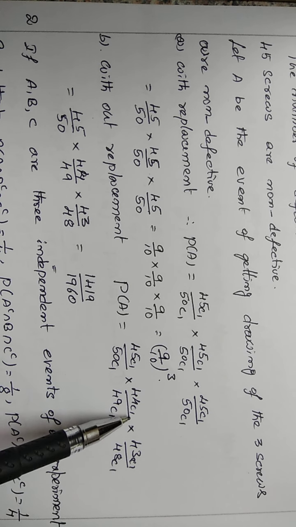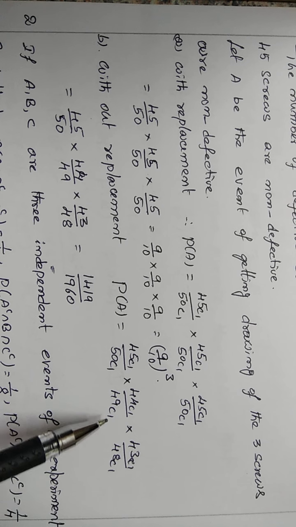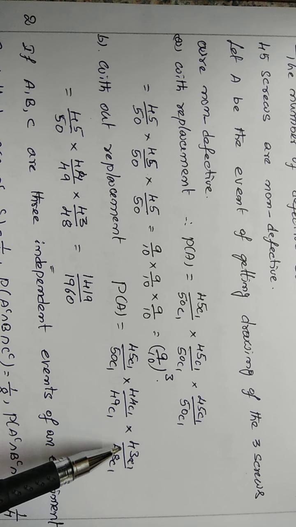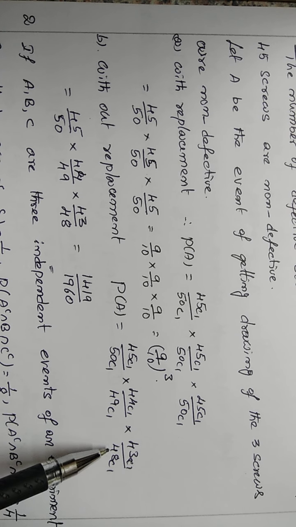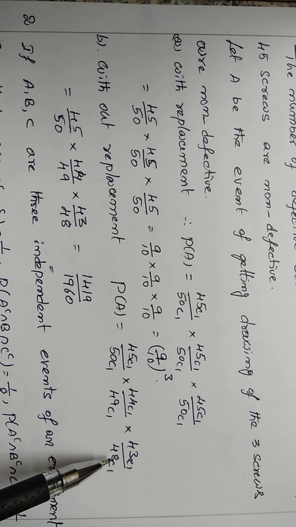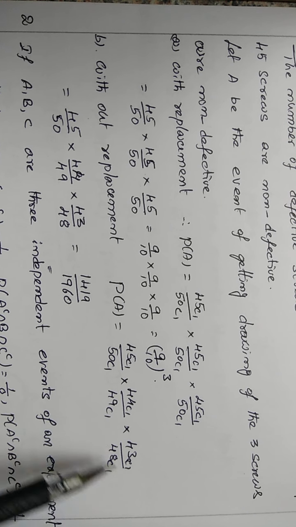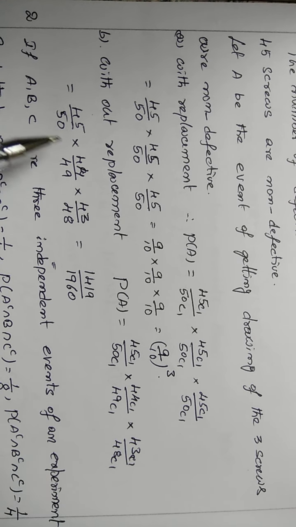So 44 C1 by 49 C1. For the third one, 43 non-defective screws, 48 total screws. So 43 C1 by 48 C1. That is equal to 45 by 50, 44 by 49, 43 by 48.